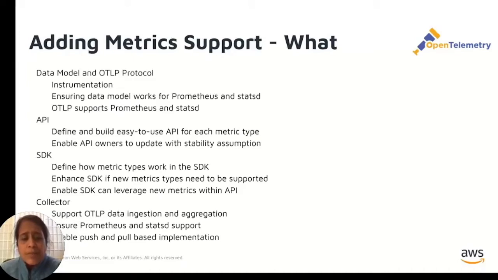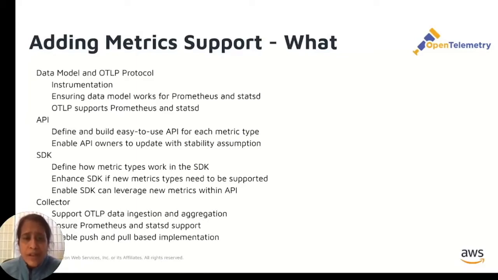Similarly, API changes, which encompass defining and building an easy-to-use API for each metric type that is supported by OpenTelemetry, also enabling API owners to be able to easily update with stability assumptions guaranteed.